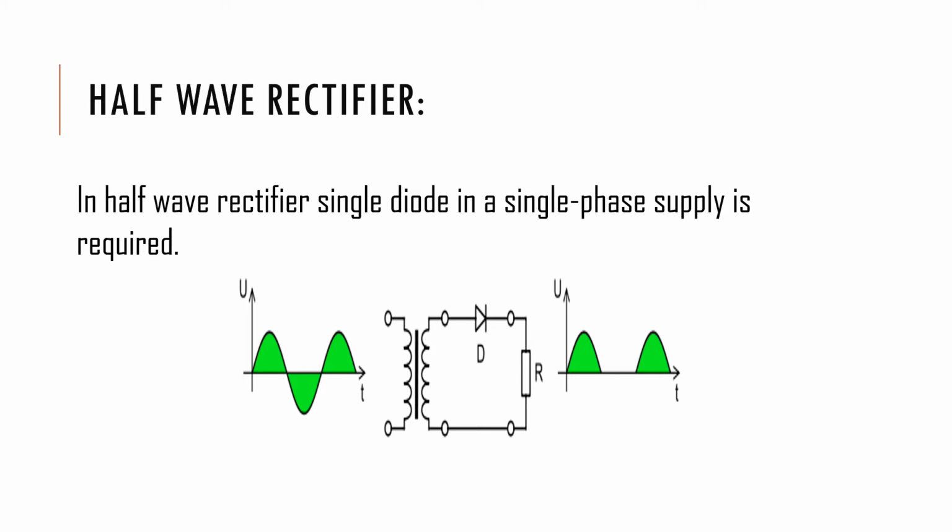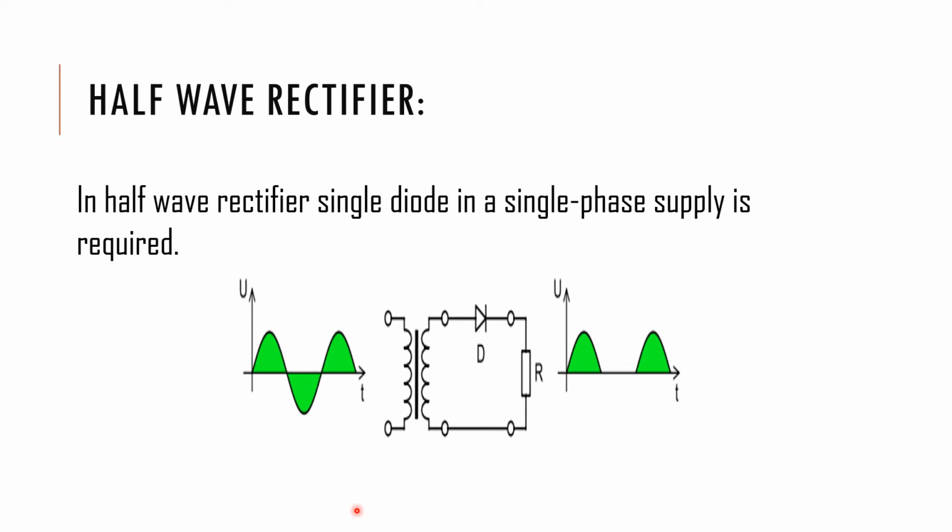Let us see what is half wave rectifier. In half wave rectifier, a single diode in a single phase supply is required. Here is the figure for half wave rectifier, where we are using only one diode and a load resistance, also an AC signal. Here we have the input waveform, and this is the output waveform.